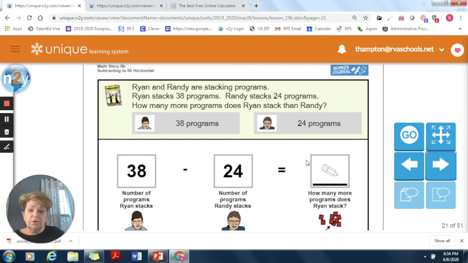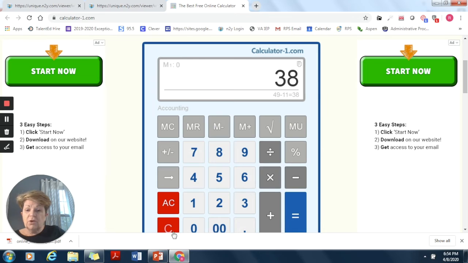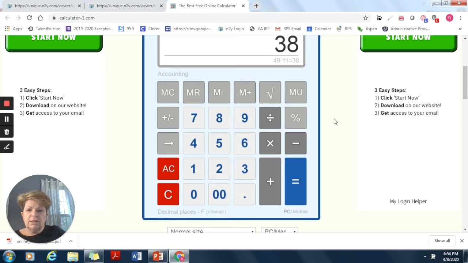Now let's check our work. We'll go to our calculator, and we're going to hit clear because our other answer is there, and it's the C that always clears out our calculator. So let's get rid of that. And let's look again at what our math problem is so we enter it properly. So we know that we need 38. And then where is my minus on here?